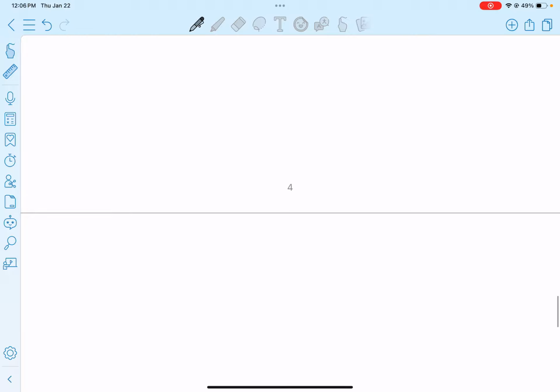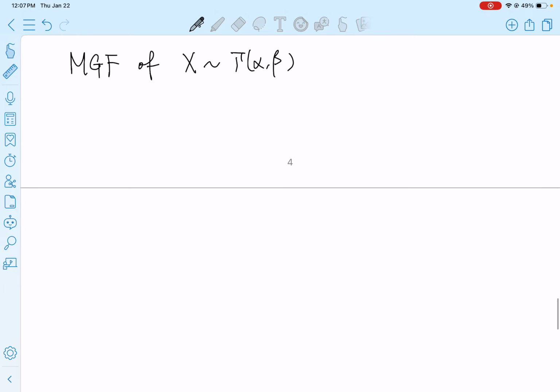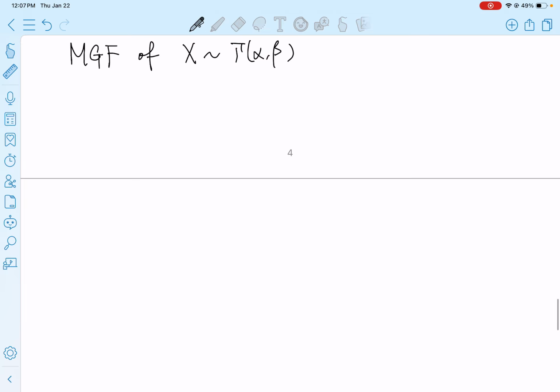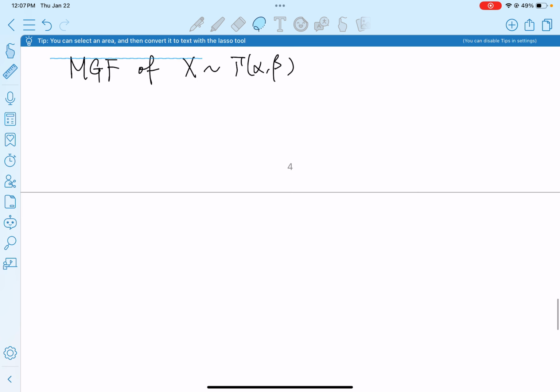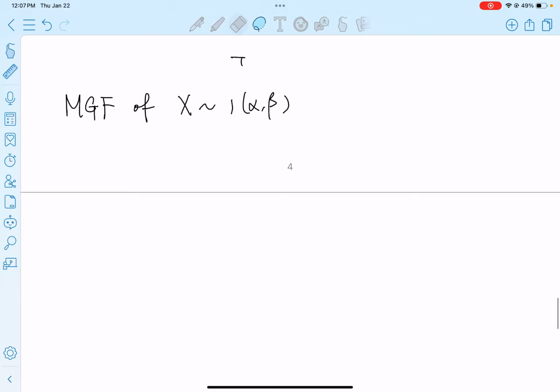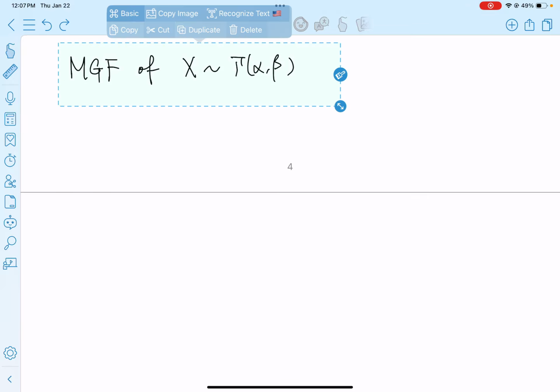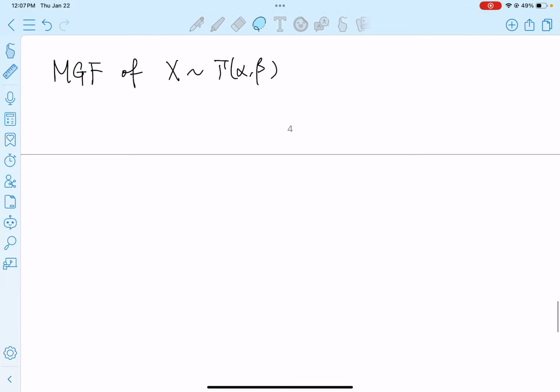So now we want to get the moment generating function of x following a gamma distribution with parameters alpha, beta. We're going to use the definition of the moment generating function to get the formula.